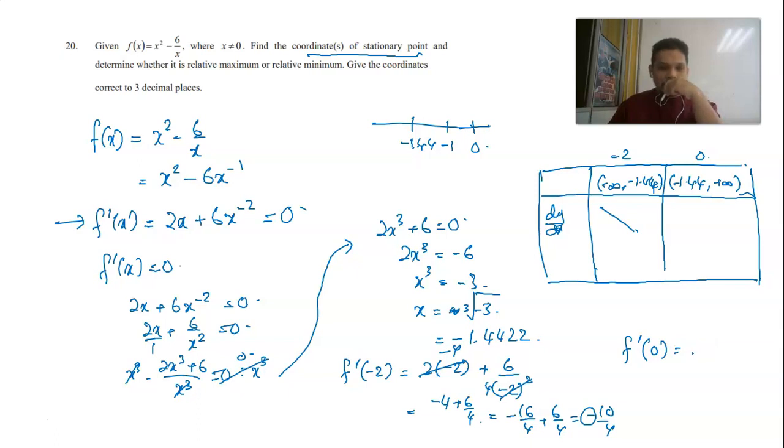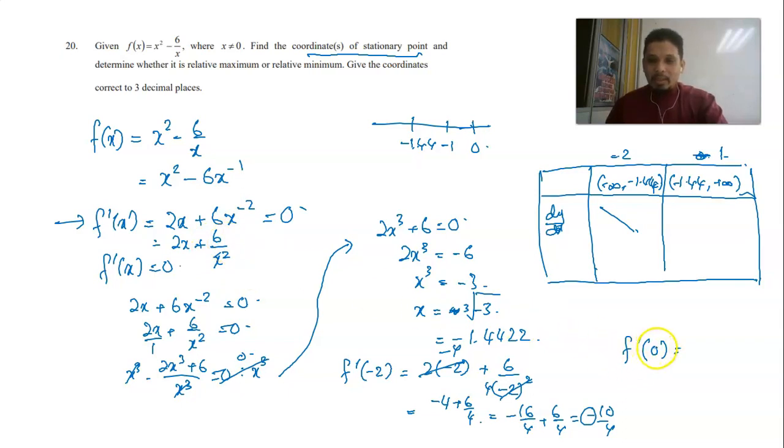Okay class, I'm not going to take the value of x equal to 0 for this case. The reason is f prime x is 2x plus 6 over x squared, so when x equals 0, the whole function is undefined.